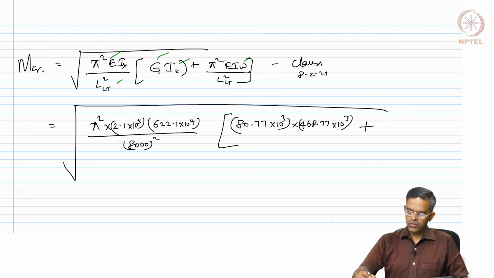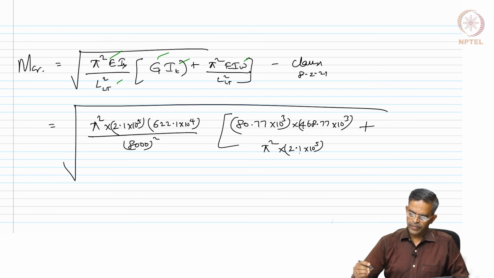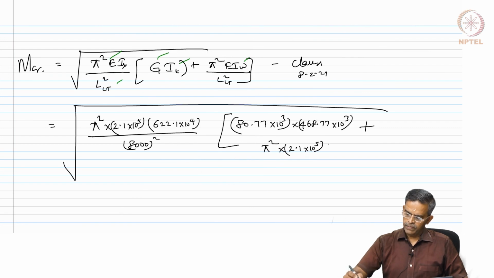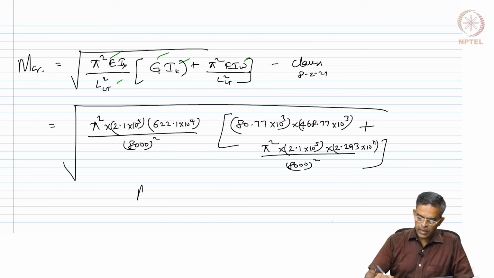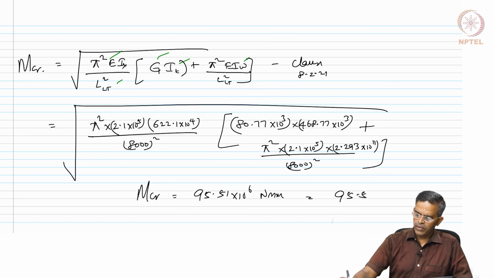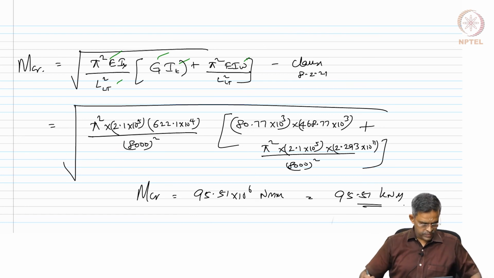Plus pi square, 2.1 10 power 5, Iw warping constant, we already have it here, 2.293, divided by 8000 square. So I get Mcr as 95.51 into 10 power 6 Newton mm, which will become 95.51 kilonewton meter.